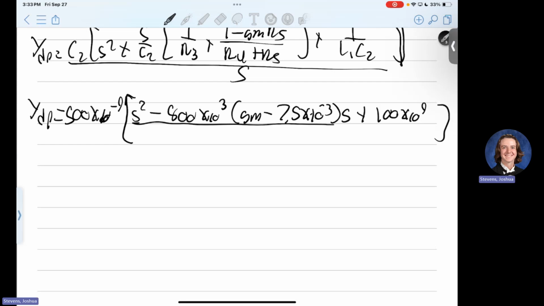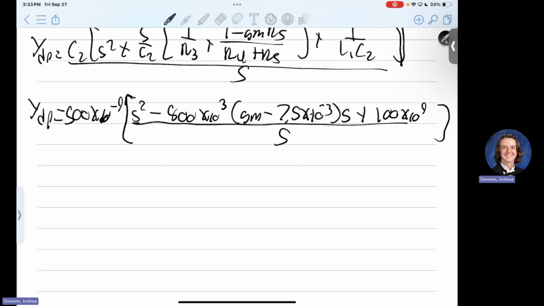That is all divided by S. Okay. We have the standard polynomial in the numerator, where we have S squared plus A2S plus A1. Got that?